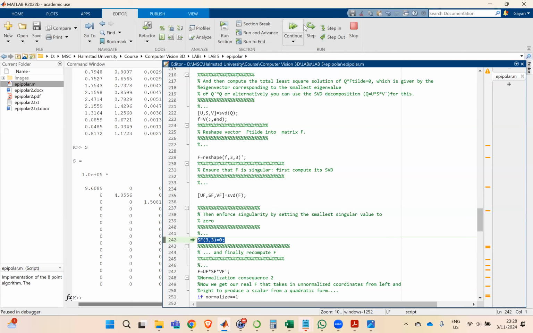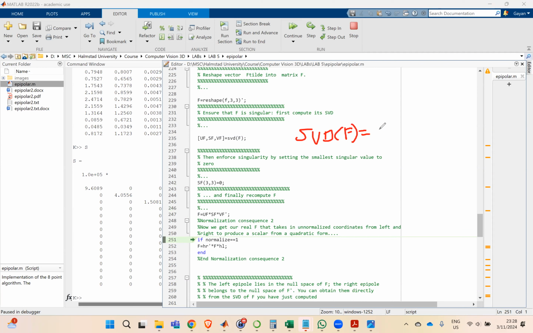You can take the SVD of whatever matrix, and you get the values. In here, we had U_F, S_F, and V_F. And when you reconstruct it, you need to take the transpose of this guy. I guess we already discussed this.